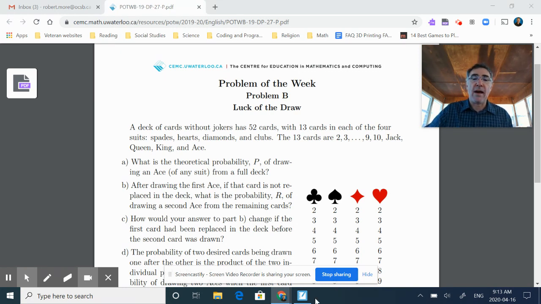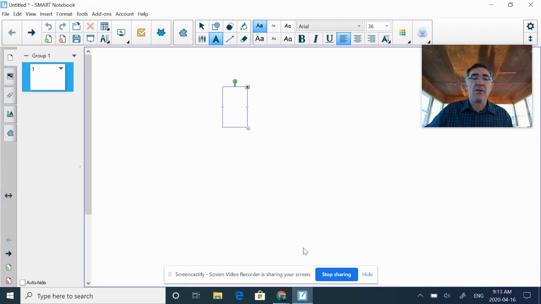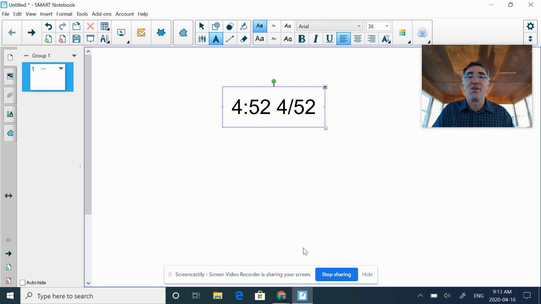So if I look at what's the probability, I'm simply going to write that as 4 to 52, or I can also write it as 4 over 52 in that fraction form. And if I wanted to put that into lowest terms, that of course is going to take me down to 1 to 13, or 1 over 13.